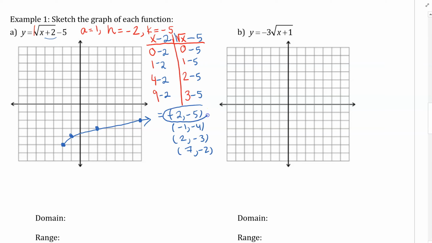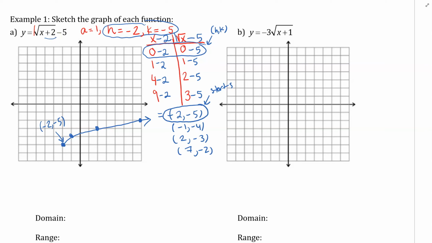So we're going to think of HK. HK won't really be our middle anymore. It's going to be our starting point now. It's going to be like this starting point on the graph, negative 2, negative 5. That's our HK. So that's what you want to look for in your graphs. The first point, not the middle point, but the first point should be our HK from our equation. And there's our graph.